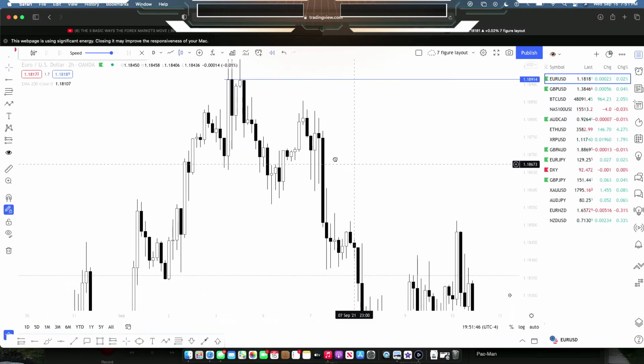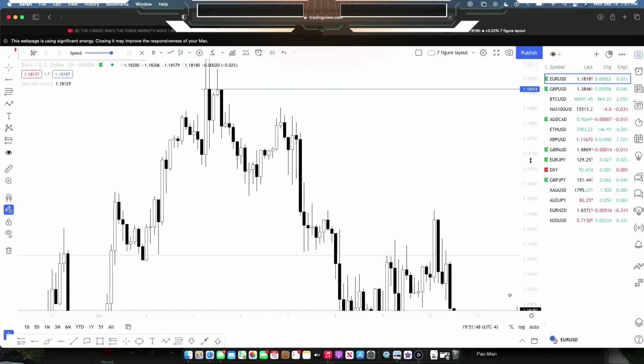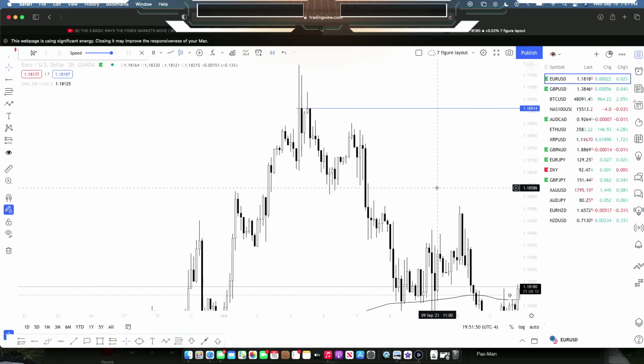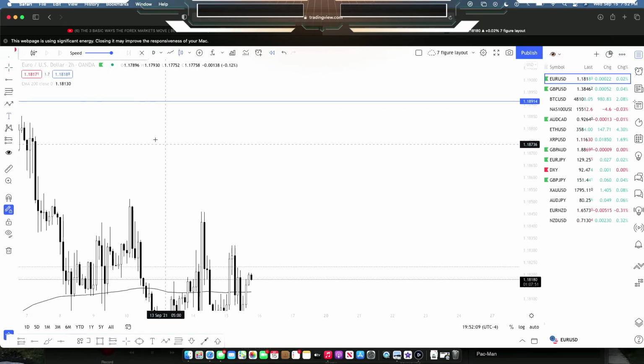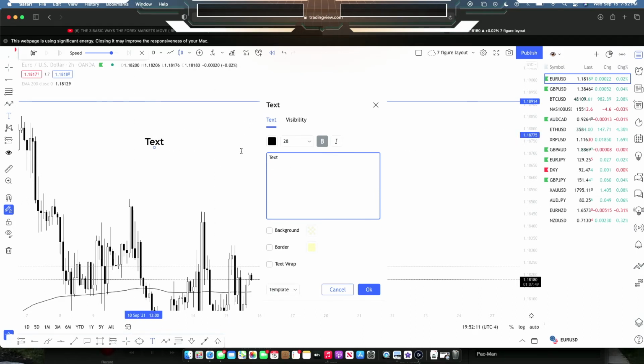But I also want you guys to understand, when you're looking for support and resistance, it's going to be very confusing because almost everywhere in the market you're going to see small supports and small resistances. So a key takeaway for me from this video is, when you're looking for a support or resistance, you want to look for the major level where price got turned around.